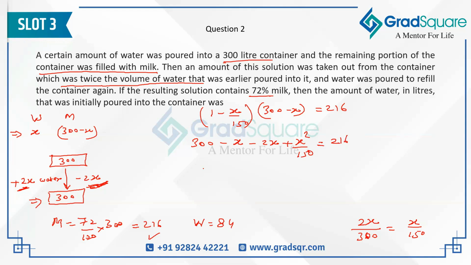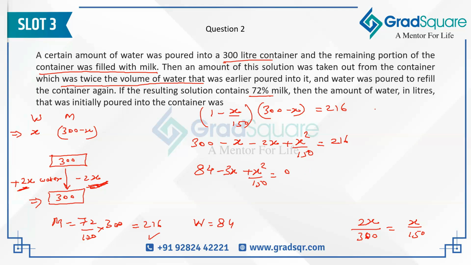If you take 216 on this side, you are going to get 84 minus 3x plus x square by 150 equals 0. Now, this is framing a quadratic equation which is going to be difficult to solve, and that's what the challenge on this question now remains.